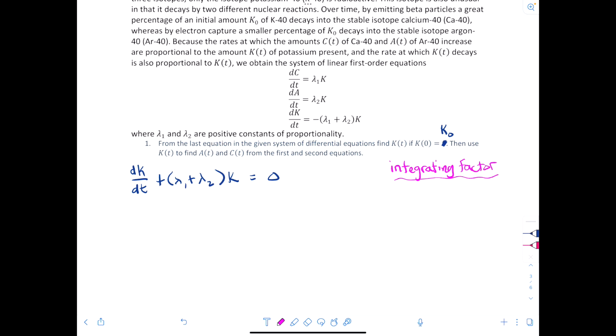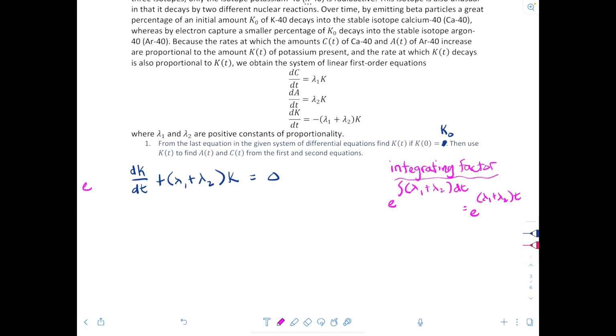To do so, we look at the coefficient in front of the K, right? And we have e to the integral of quantity lambda 1 plus lambda 2 dt, and that's just going to be e to the lambda 1 plus lambda 2 times t.